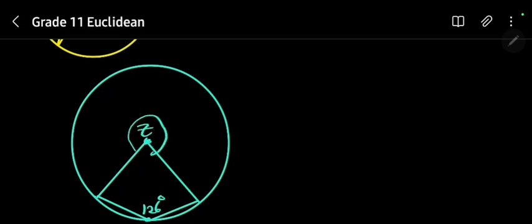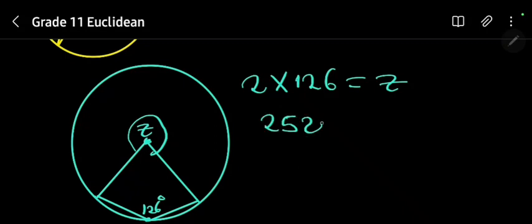Okay, that angle there. We know that the angle at the center is twice the one at the circumference. So we are simply going to say that 2 times 126 is equal to Z, and 2 times 126 is 252 degrees.